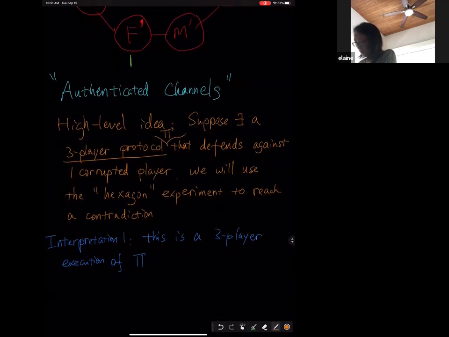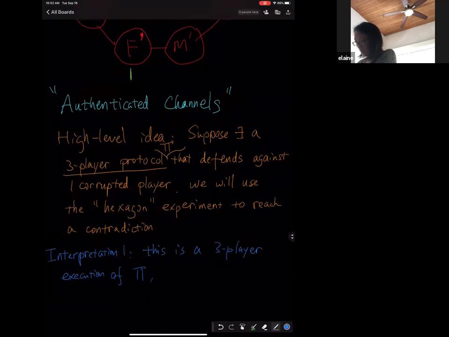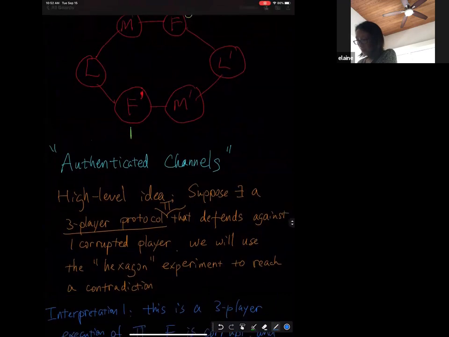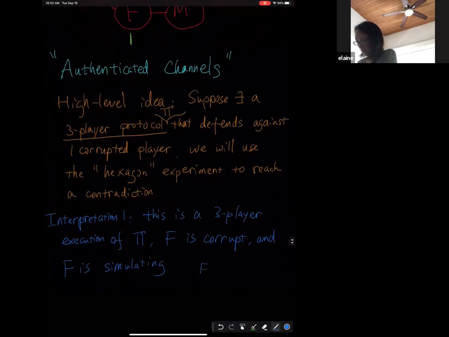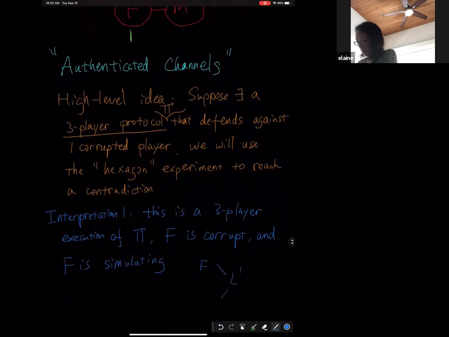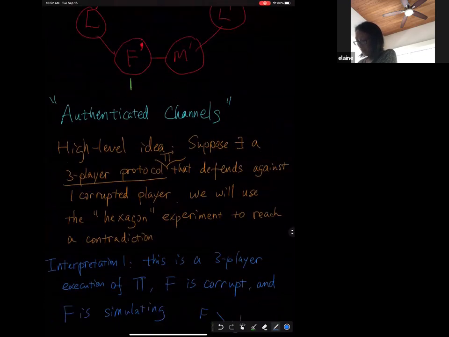Okay, so first imagine this is actually a three-player execution of pi. And I think I said F is the corrupt player. And F is simulating the part, essentially the part F, L prime, M prime, F prime.